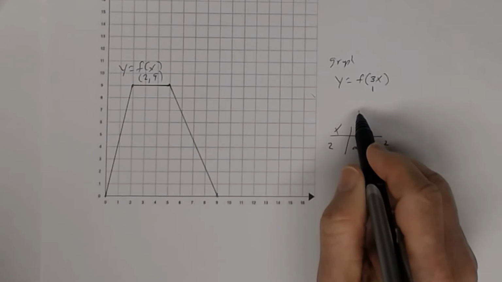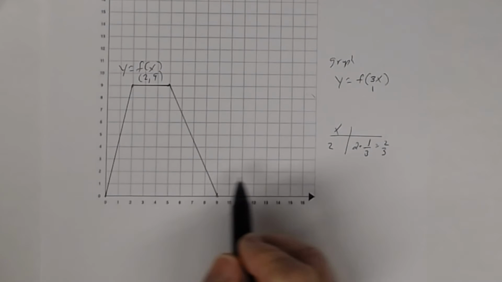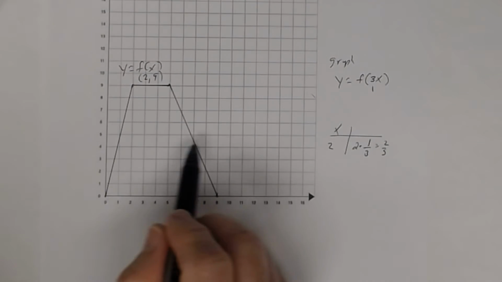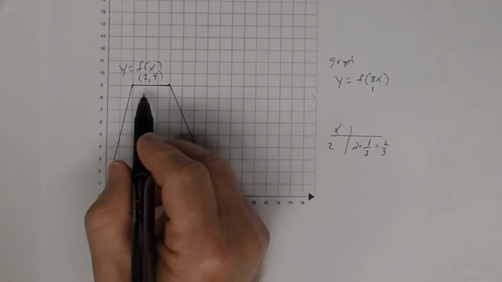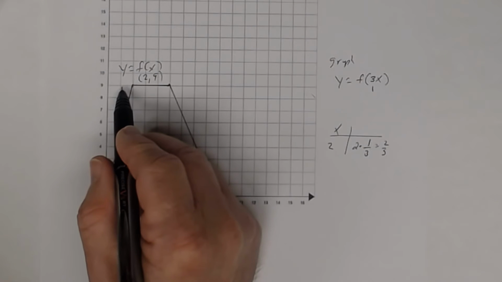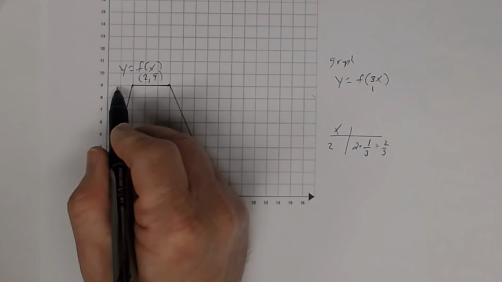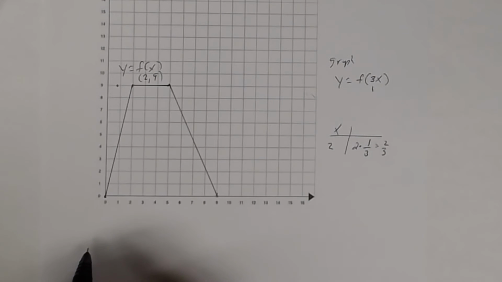So my x coordinate becomes 2/3, and my y value stays 9. So I'm just moving it this way. Instead of x being 2, my x coordinate is going to be 2/3, which is about here. Note that 0, 0 stays 0, 0, so I didn't do anything with that.